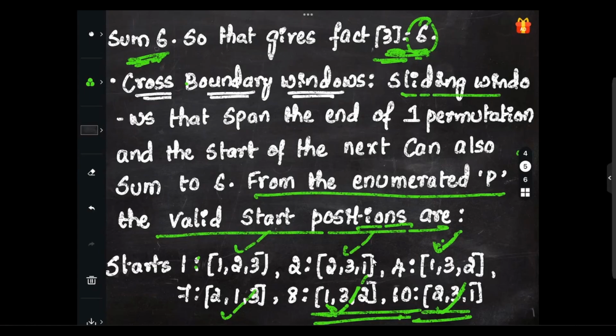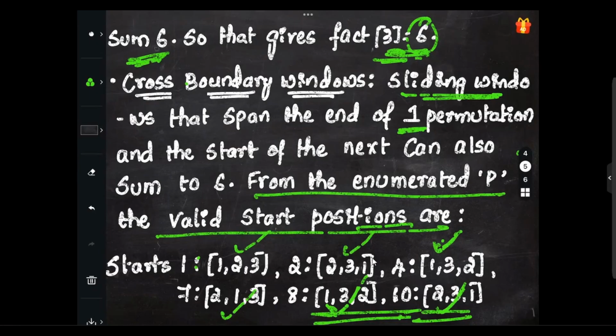So that's what I have written in theory here, right? Sliding windows that span the end of one permutation and the start of the next can also sum to 6, right?